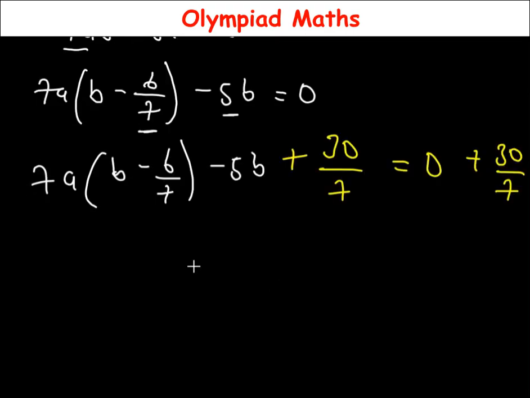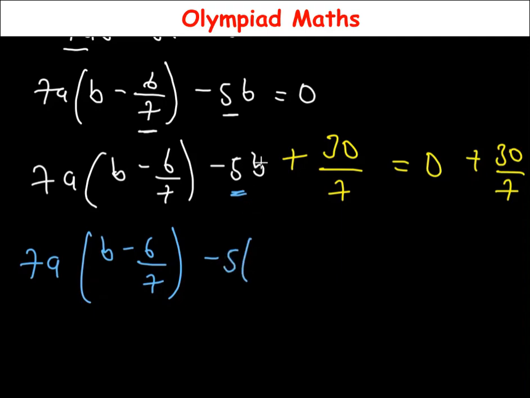With this, we can factorize out 5, so that we have 7a in bracket b minus 6 over 7, then factorizing out minus 5, you are left with b minus 6 over 7 from 30 over 7. If you bring out 5, it's equal to 0 plus 30 over 7, which is 30 over 7.